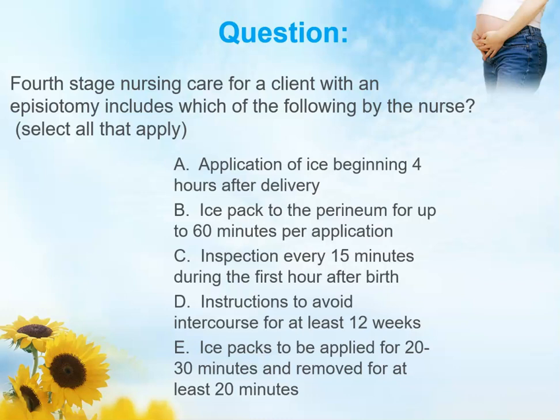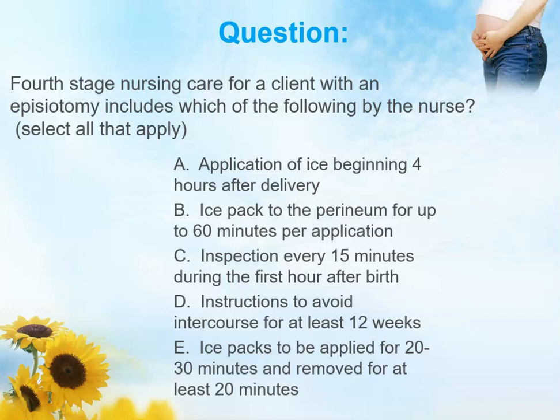Make sure that uterus is rock hard, it's balling up, because in order for that bleeding and hemorrhage to stay under control, she has to have a nice, hard uterus that's contracting down to continue to keep that bleeding from coming out and that patient having no risk for hemorrhage.